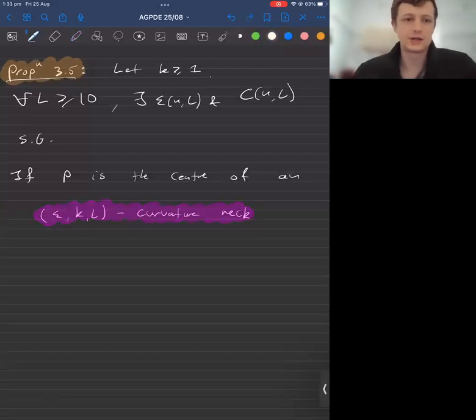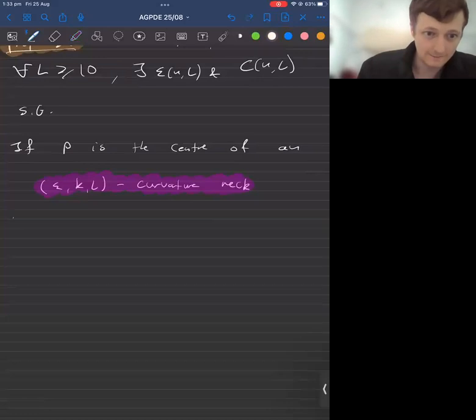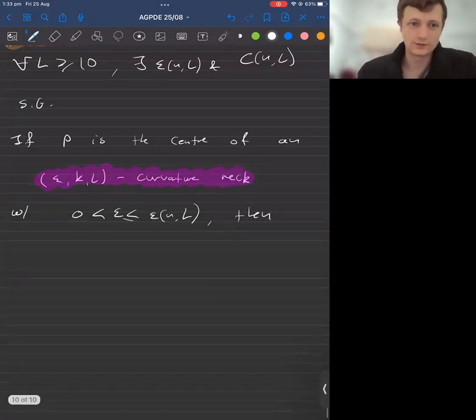So we're basically in the situation we expect to find when doing the mean curvature flow. So where epsilon is between 0 and this other predefined one, then what holds?